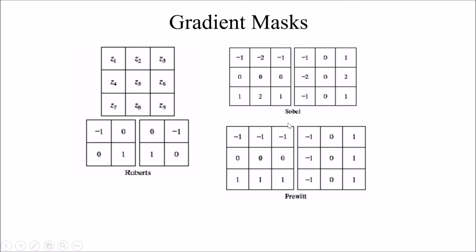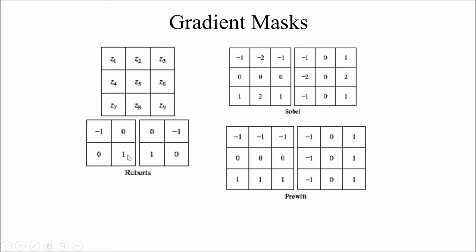The same thing goes for the Prewitt. For Prewitt, you don't use any weight value in between in the kernel, whereas for the Sobel, you emphasize the center weight. You increase the weight in the center area so that you emphasize the center area in order to determine the edge.